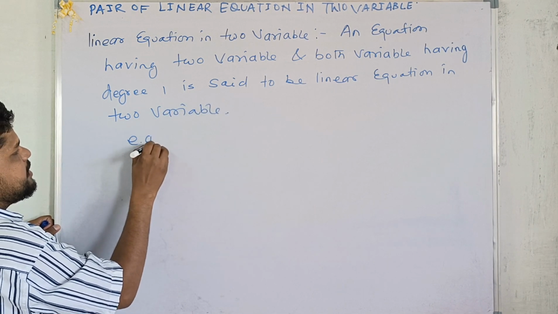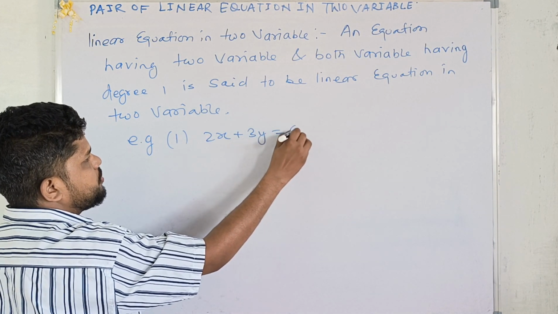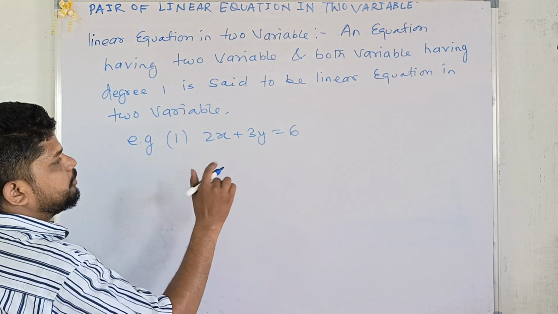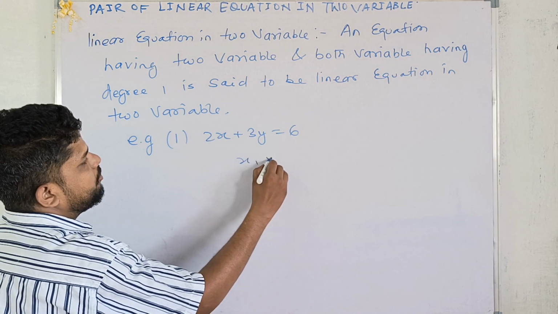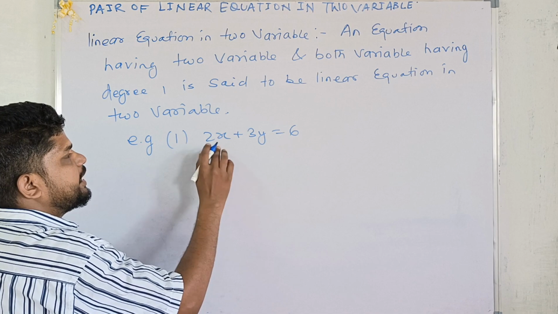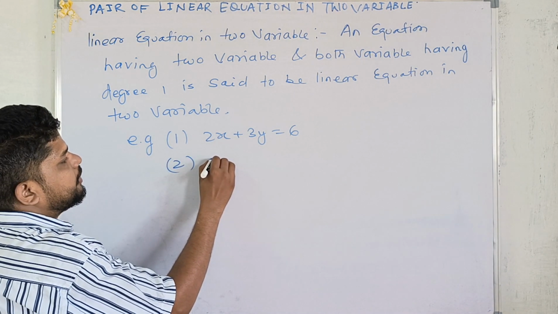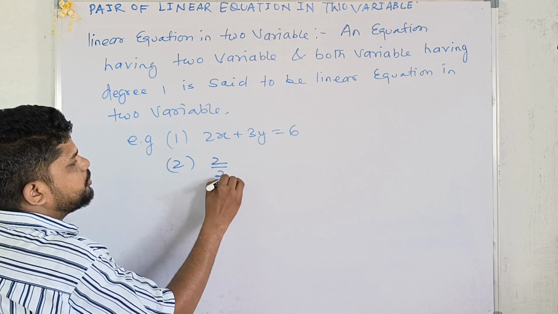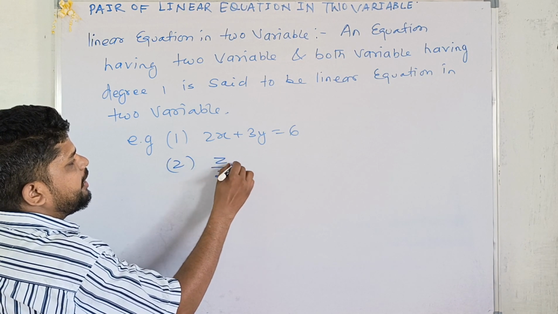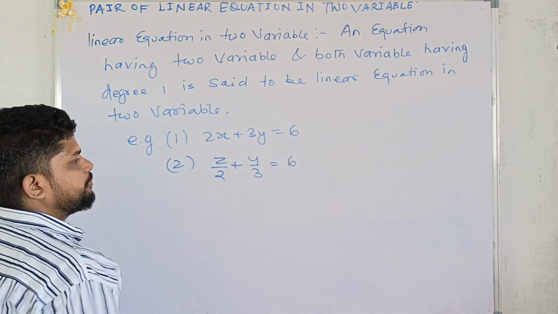For example, dear students, suppose I am writing 2x plus 3y is equal to 6. Here we have two variables x and y, and their power is also raised to 1 only, so it is said to be a linear equation in two variables. Suppose I write z by 2 plus y by 3 is equal to 6.